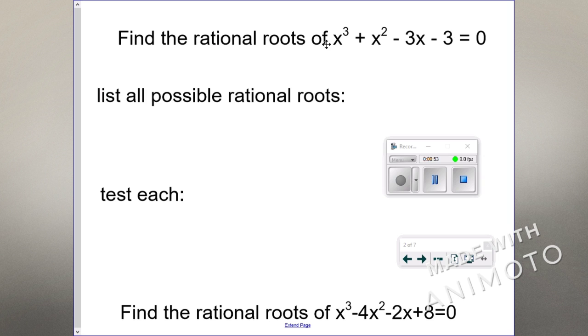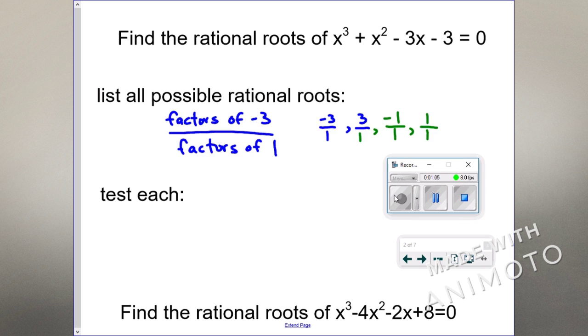So since the leading coefficient here is 1 and the constant term is -3, by the rational root theorem, the only possible rational roots of the equation have the form of, okay, the only factors of -3 are positive and -1 times positive and -3. So that's where this -3, 3, -1, and 1 come from.